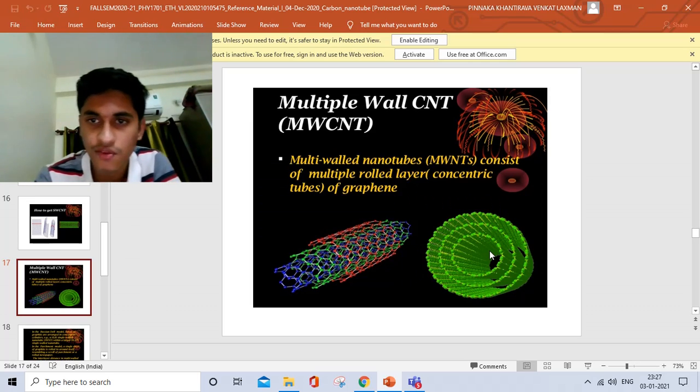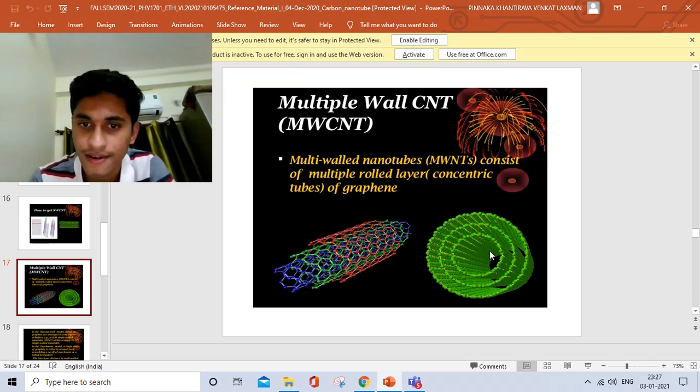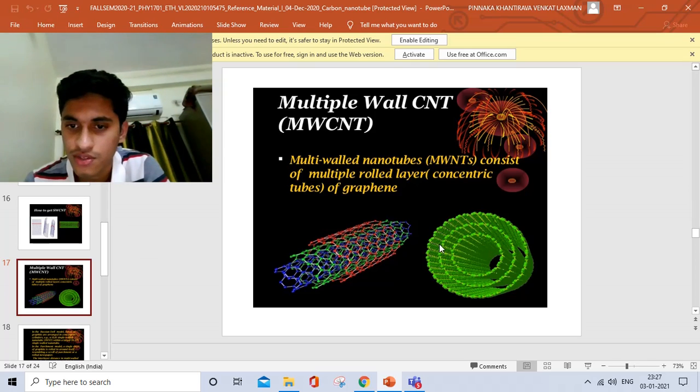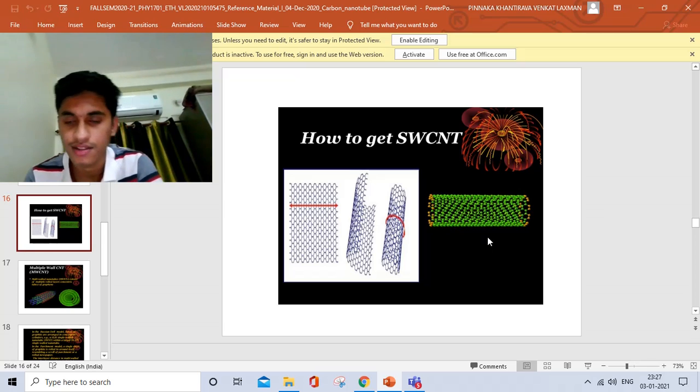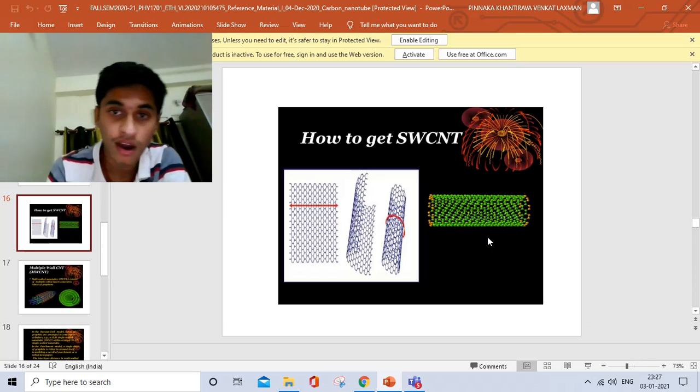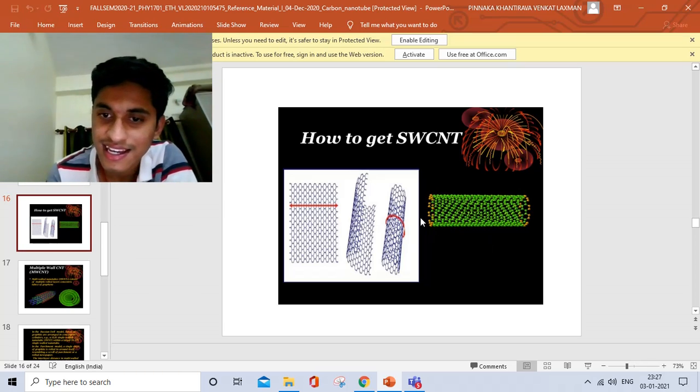Coming to the multi-wall nanotubes, they consist of multi-rolled layers of graphene. You may wonder what the difference is between multi-wall and single-wall carbon nanotubes. In the single wall nanotube you will get a single layer only, as you can see in this figure.